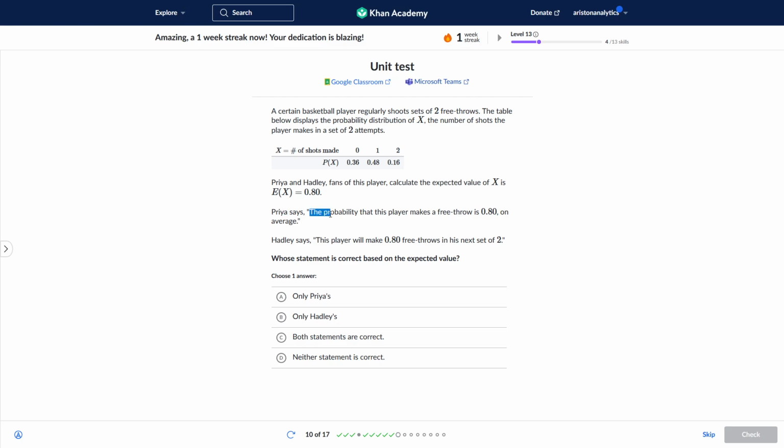The probability that this player makes a free throw is 0.8 on average. Oh, is that right? Priya might be right, but no, I think they're both wrong. I really want to get it right.